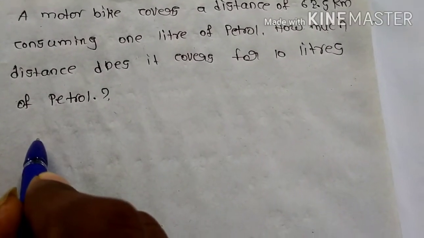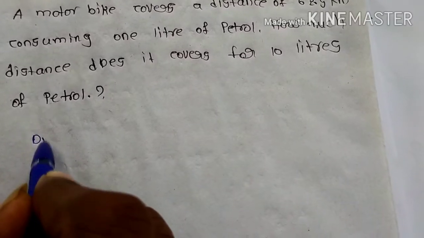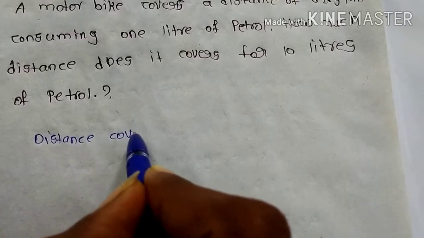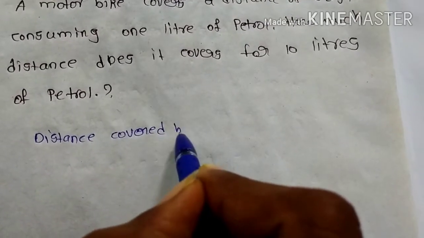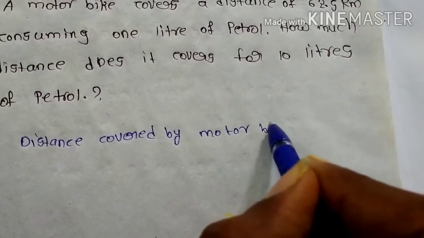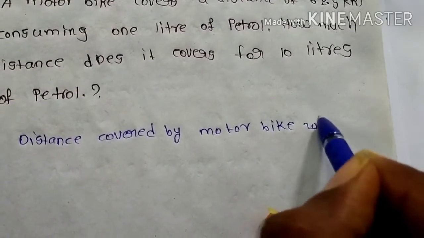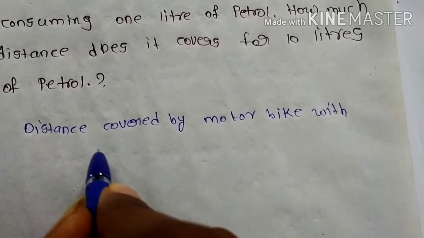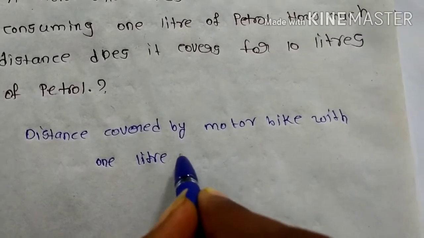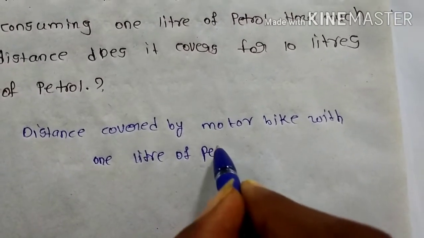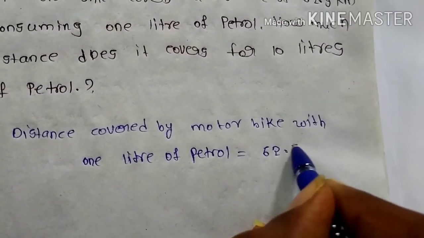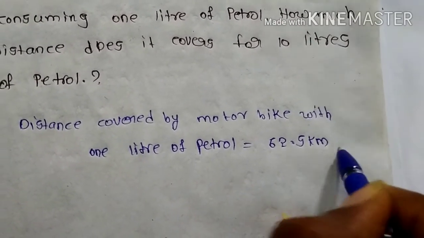First of all, I am writing here: distance covered by the motorbike with 1 liter of petrol is equal to 62.5 kilometers.